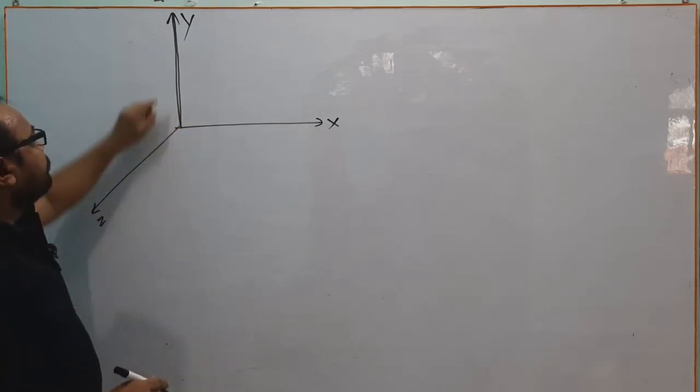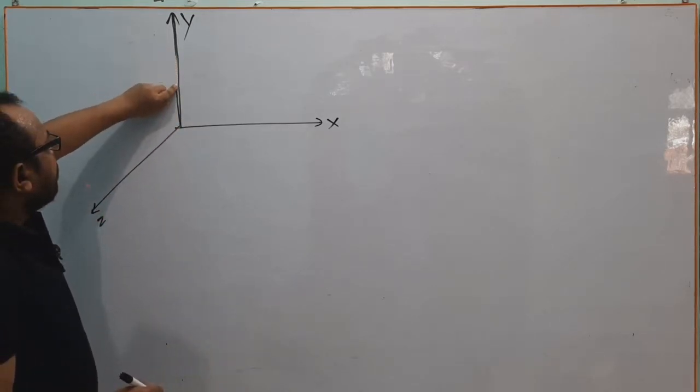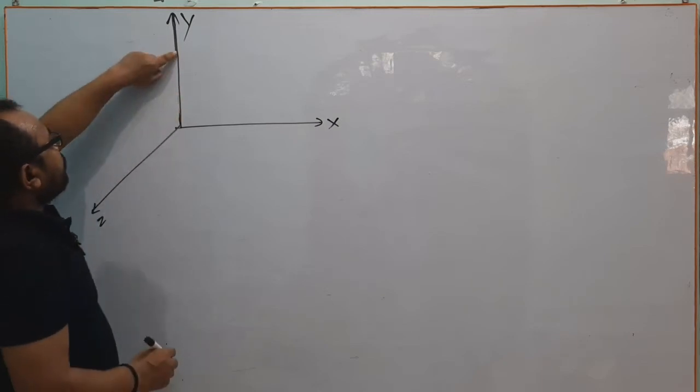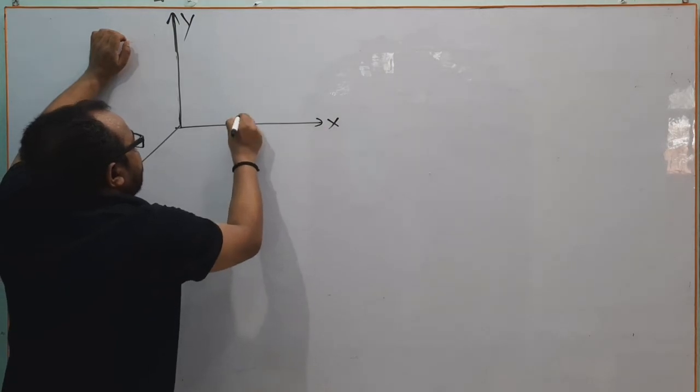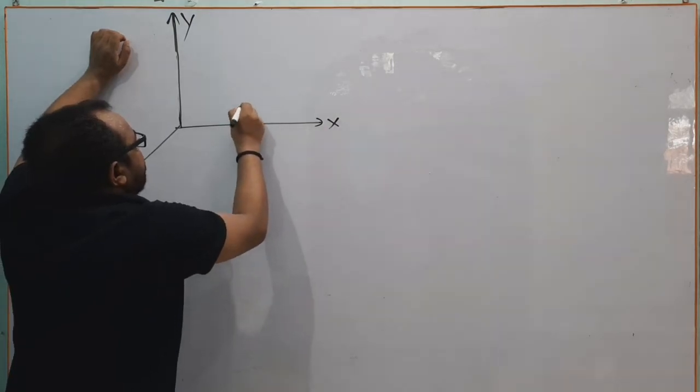Now we already know that the direction of the x-axis is represented by a unit vector, which is i cap.